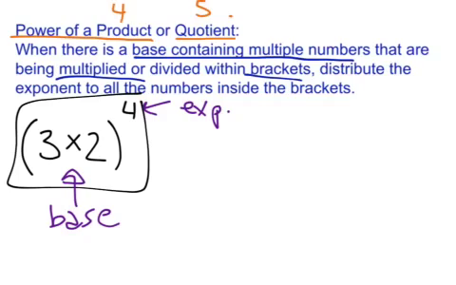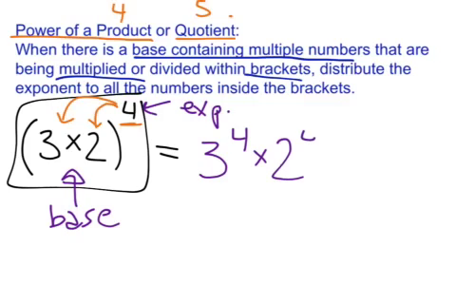So the rule tells us that we need to distribute the exponent to all the numbers inside the brackets. That means we distribute the 4 to both the 3 and the 2, and this would become 3 to the power of 4 times 2 to the power of 4.